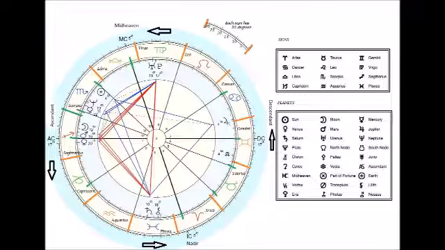So that point of the descendant is the cusp of the 7th house of relationships. Typically, although not every time, we are looking for that sign as something that we are very attracted to partnering with. Often someone's sun or moon will fall in that sign or house.